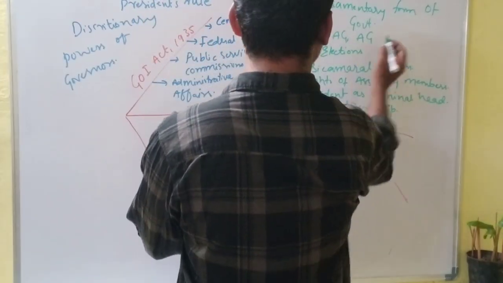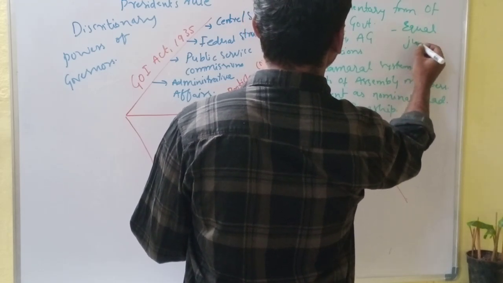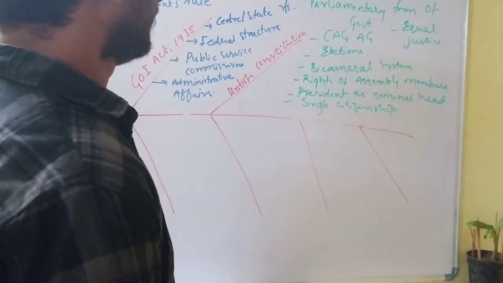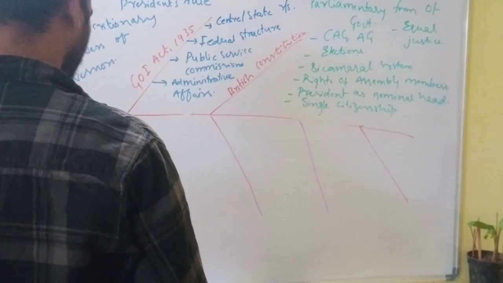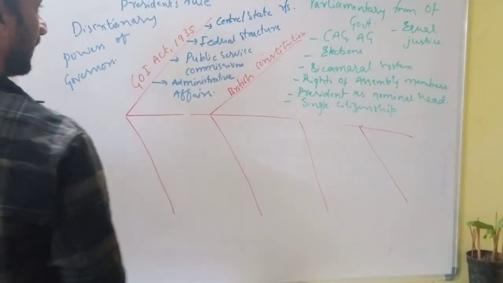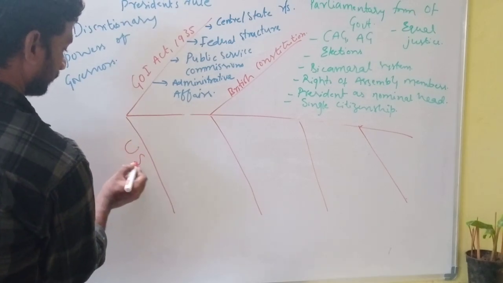Equal justice. So these are the provisions Indian Constitution has taken from British Constitution. So next, coming to the USA. You can write here USA.